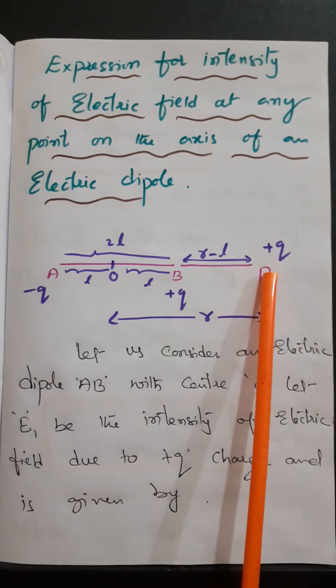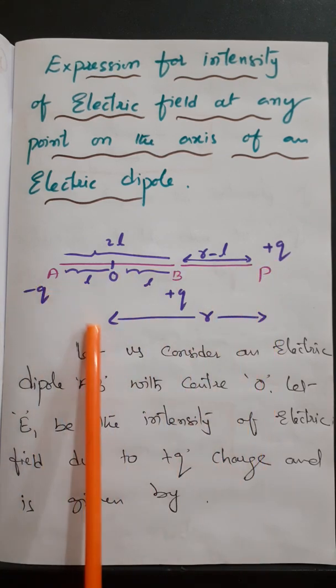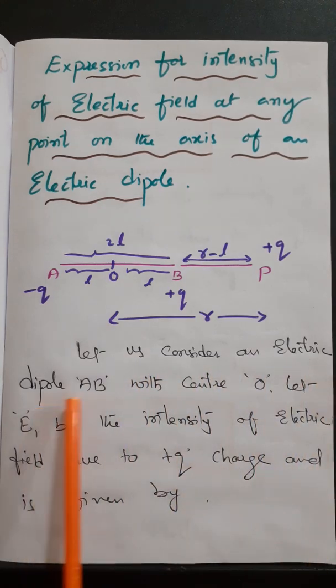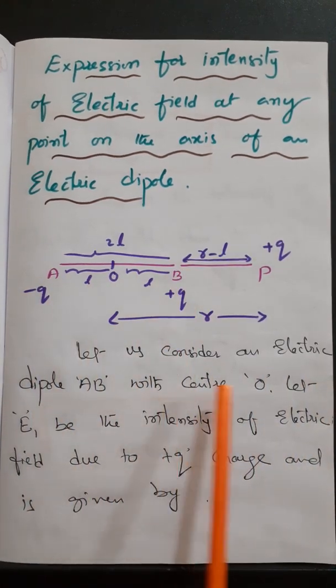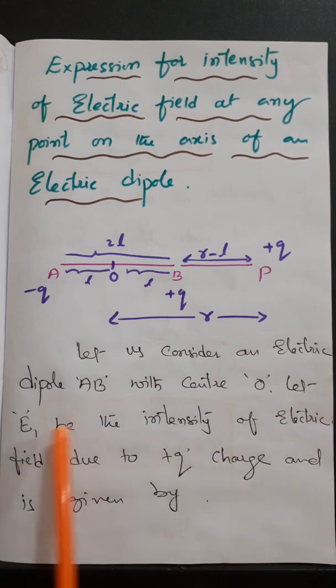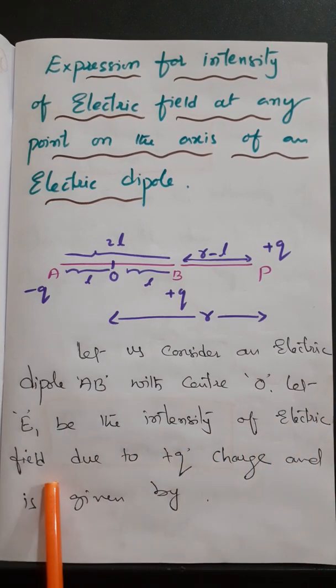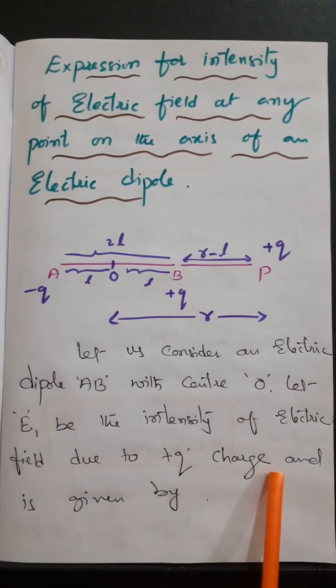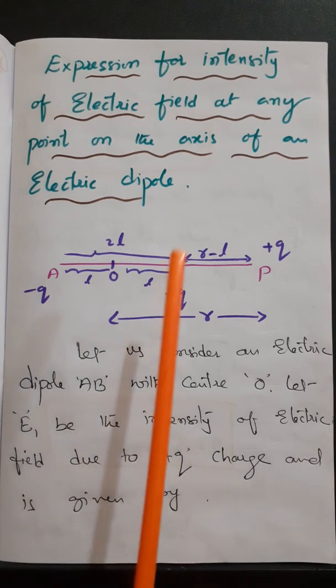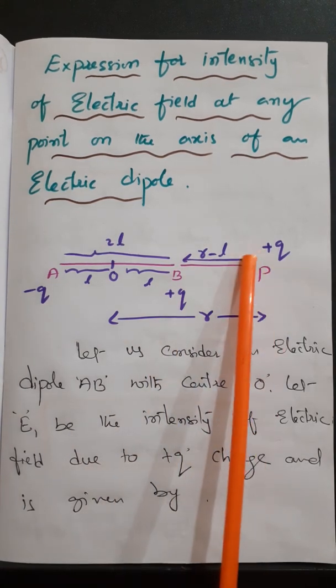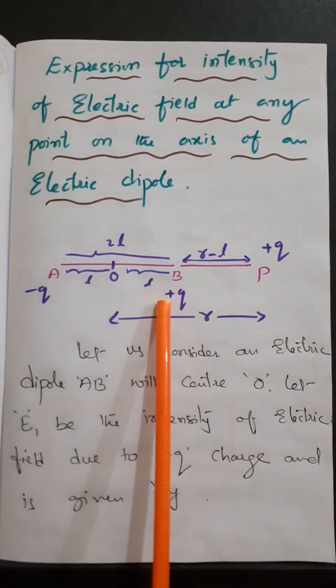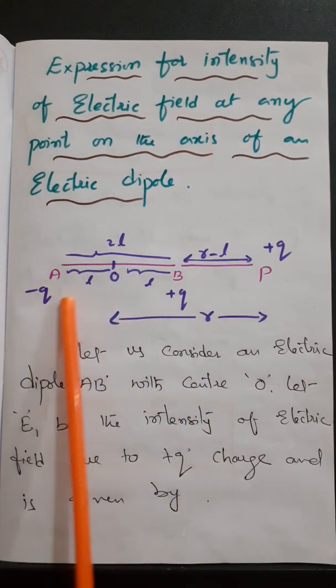Let us consider an electric dipole AB with center O. Let E1 be the intensity of the electric field due to the plus q charge. We have to calculate the intensity at point P due to the plus q charge and due to the minus q charge.